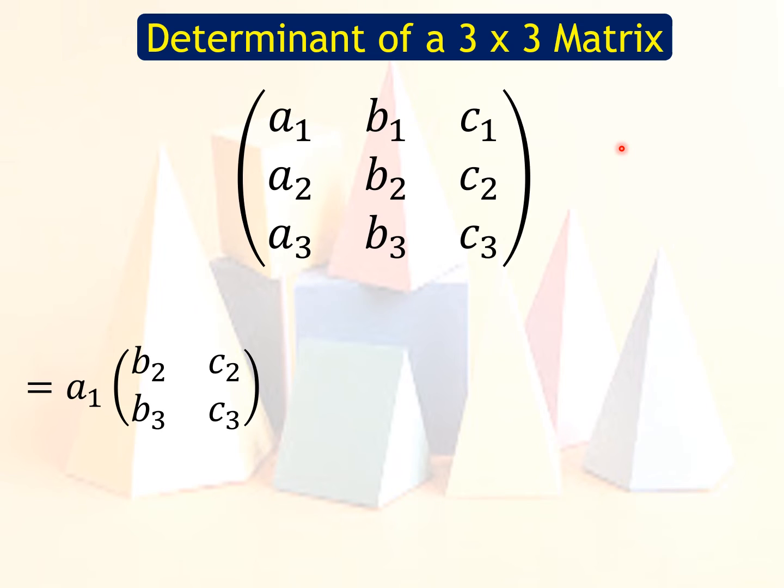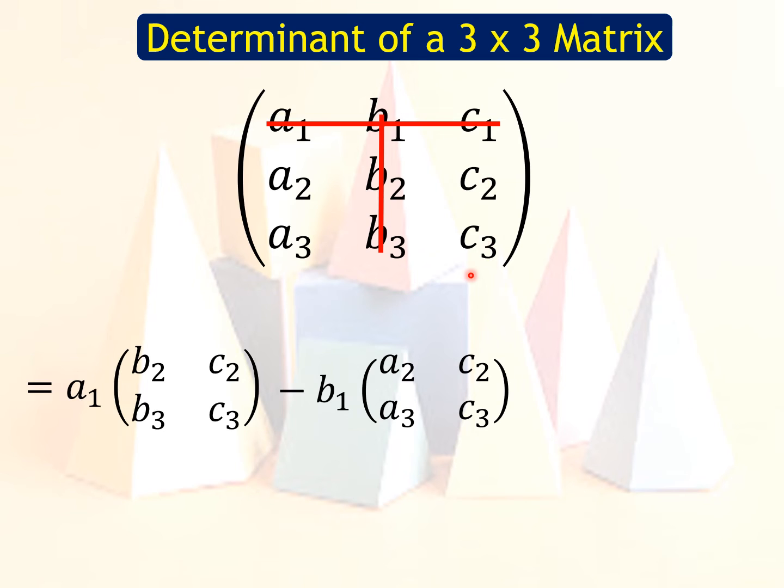We are going to cross out the first row as well as the second column because B1 is along the first row and it's along the second column. So as you can see, we have the remaining matrix which is A2, A3, C2, C3. And we are going to multiply it to B1. And then the last one, since we already have the minus, we are going to add.